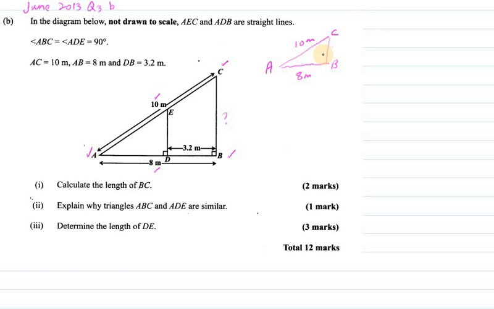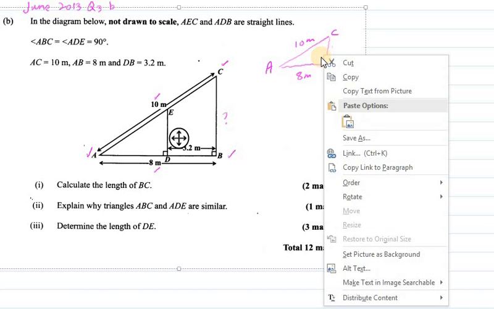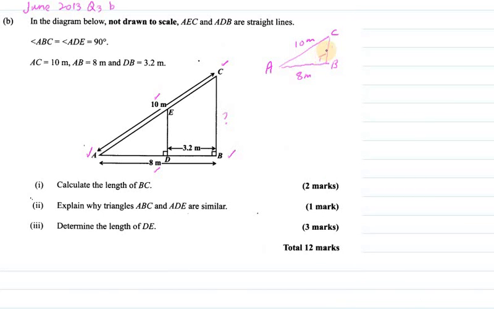Now this is a 90-degree triangle, so a right angle triangle, and in this triangle we are given two sides. The hypotenuse is given, so therefore we are going to use Pythagoras theorem, and we know that we have to subtract to find CB.